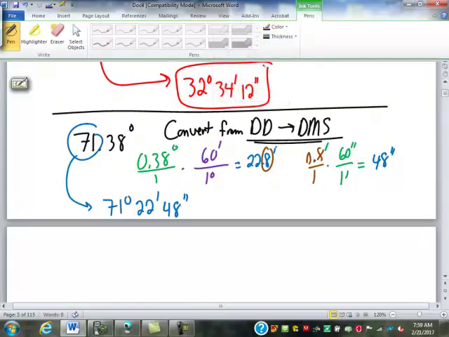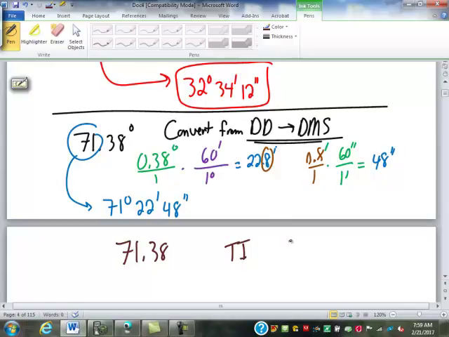So on your calculator, you would enter 71.38, and you could just leave it as that. Now, depending on whether you have the Casio or the Texas Instruments, if you have the Texas Instruments, you have an angle key up there that you would press.